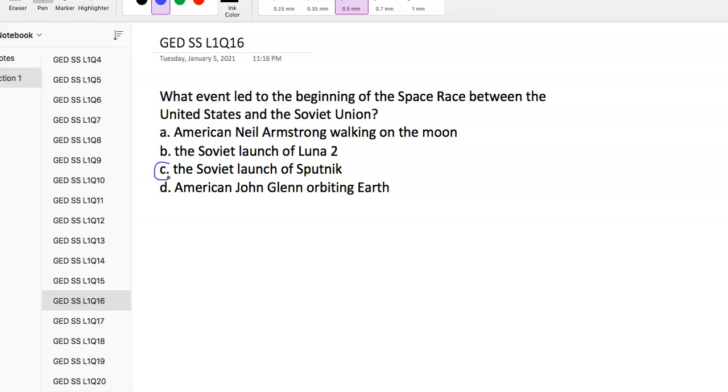And that is our answer. So in 1957, a Soviet intercontinental ballistic missile launched what's called Sputnik, which is a Russian word that means traveler, which was the world's first artificial satellite and the first man-made object to be placed into the Earth's orbit.